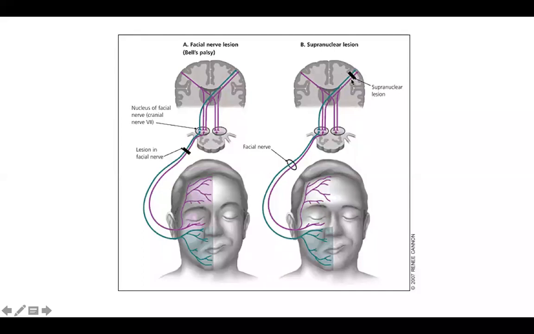For example, if you're having stroke, stroke is going to block this part here, because stroke is the disease that affects the brain part and not the lower part of the brain. So if you have stroke, it means you are going to block this part here. And this means what?